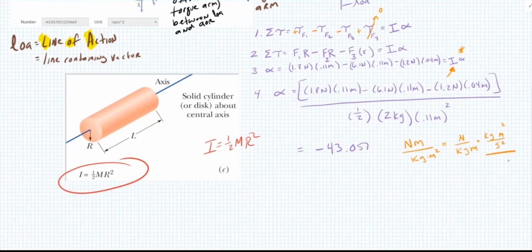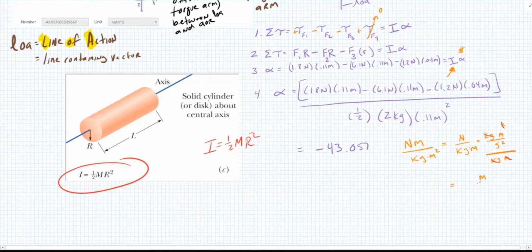So when the smoke settles, kilogram cancels with kilogram, and meter cancels too. I'm ending up with reciprocal seconds squared. This is the most interesting part of this problem, the dimensional analysis.